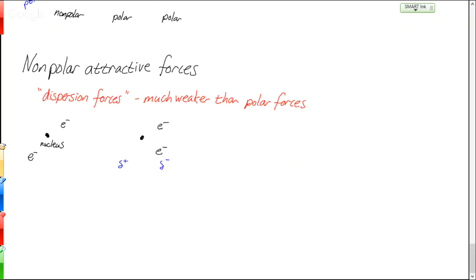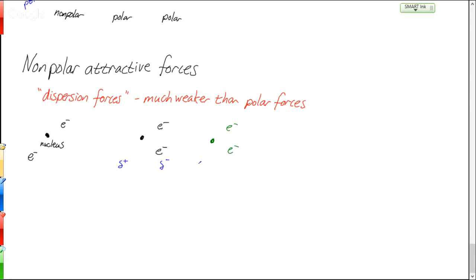Well, as it turns out, as soon as that happens, it affects everything else around it. And all the other electrons and all the other atoms can suddenly line up to compensate for that. So if that happened, then let's say we've got another one right here. Well, all of a sudden that little bit of negative charge is going to repel those electrons and make those electrons go over on this side too.